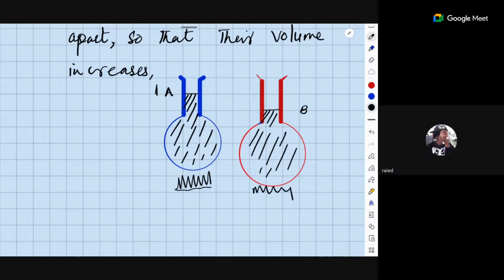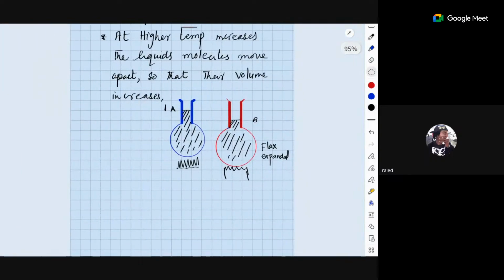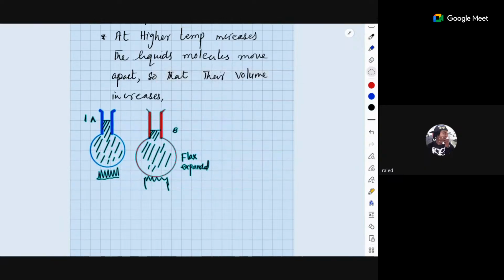So here the flask expanded, right? And on the third stage, what will happen? The liquid will expand and its level will increase again.